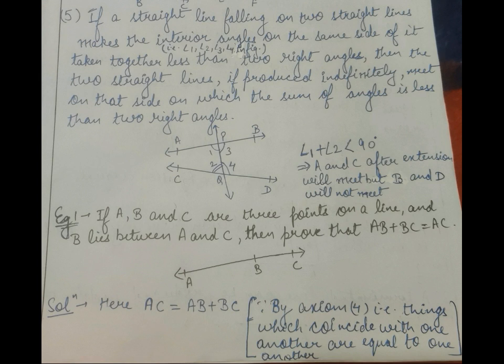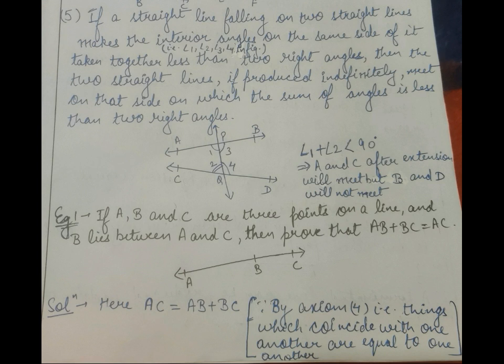A point is that which has no part. Here, part is still undefined. Similarly, a line is breadthless length. Again, length is undefined. That's why Euclid gave axioms and postulates which are universal, considered to be obvious universal truths, and which need no proof.